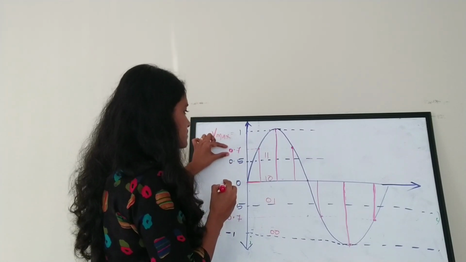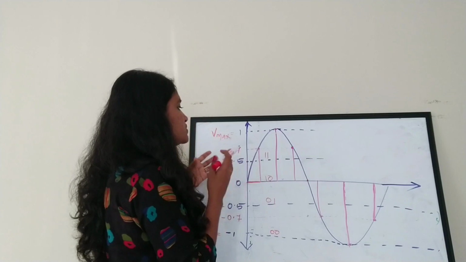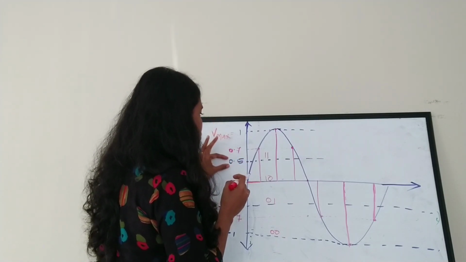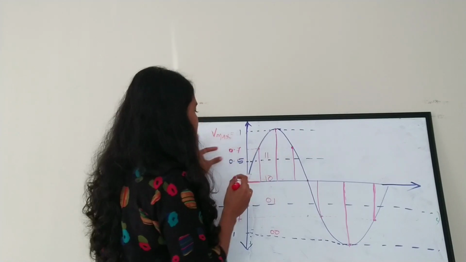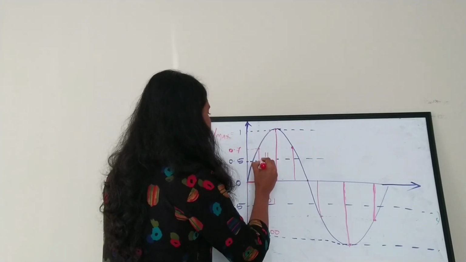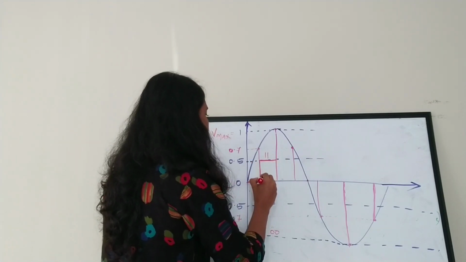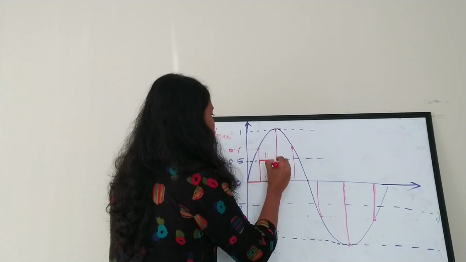In order to quantize this 0.7 volt, we have to select the nearest quantization level, which is 0.5 volt, or the value 11.